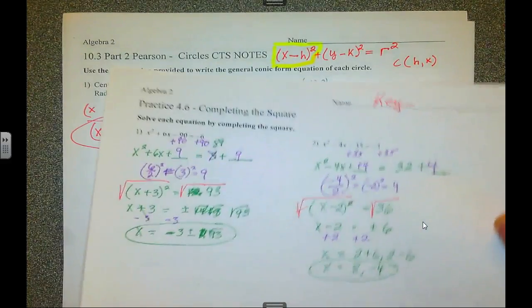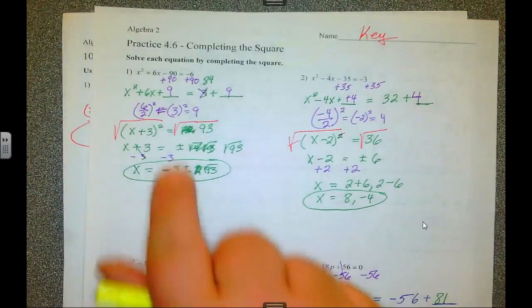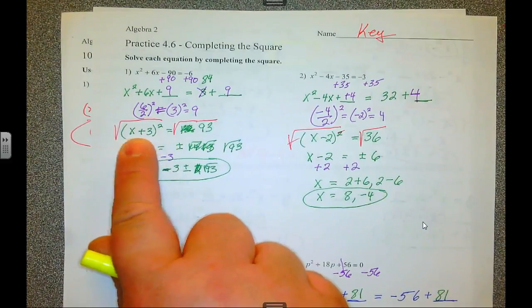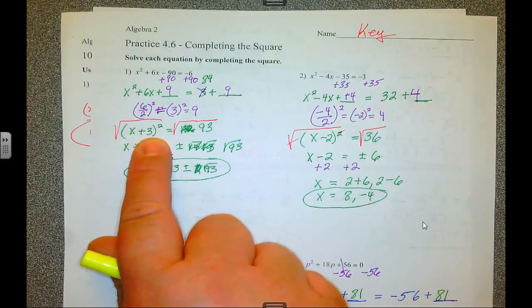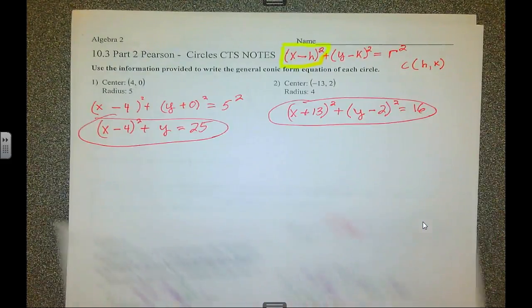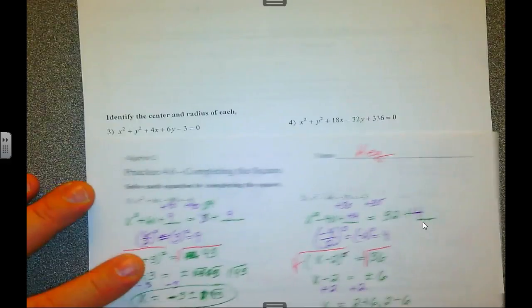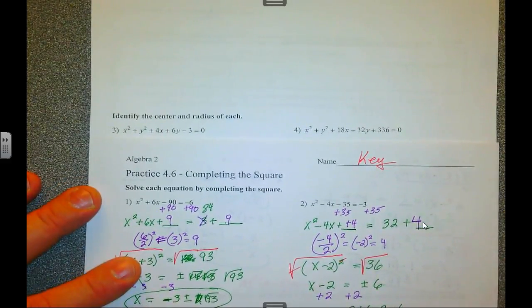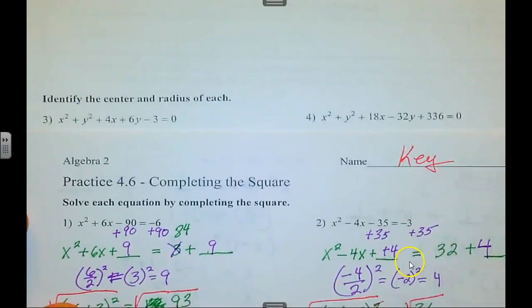Kind of looks like what you did for homework last night, right? Before you rooted both sides, you got that. So when we get problems like this, we have two completing the square problems to do in one problem.